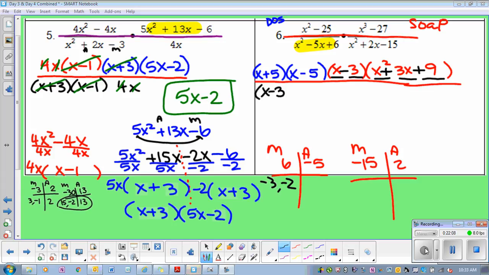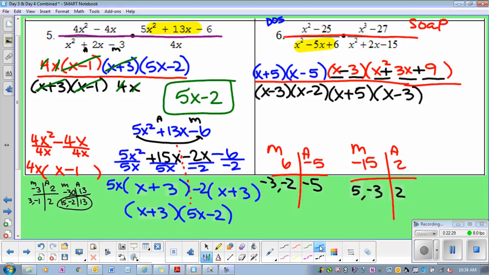So x minus 3, x minus 2. How about the second one? Multiplies to negative 15, adds to give me 2. 5 and negative 3. So x plus 5, x minus 3.